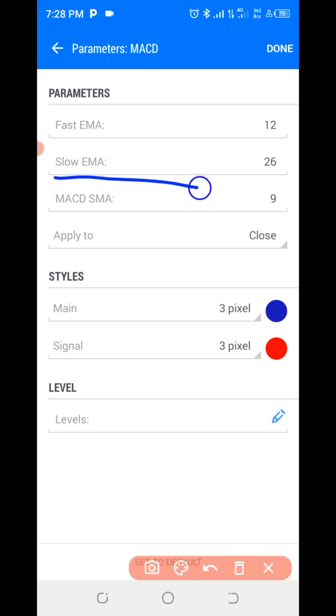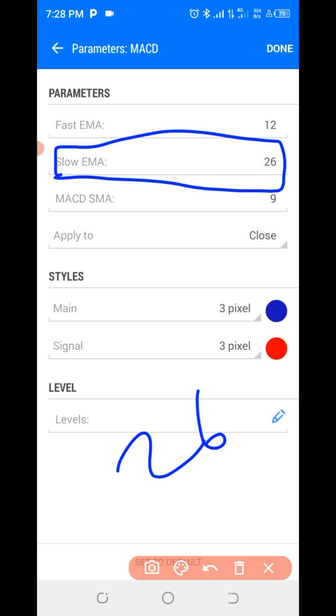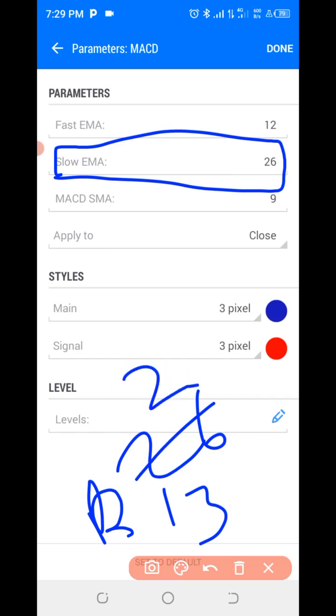So let me give you a pro tip about this. Look at this slow EMA, that is 26. The moving average that we are using on our main screen is 13. That means 13 times 2 gives us 26, right? So we actually double the moving average that we have on our main chart.